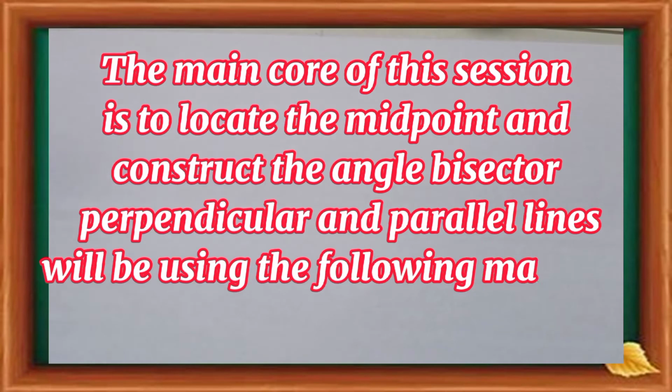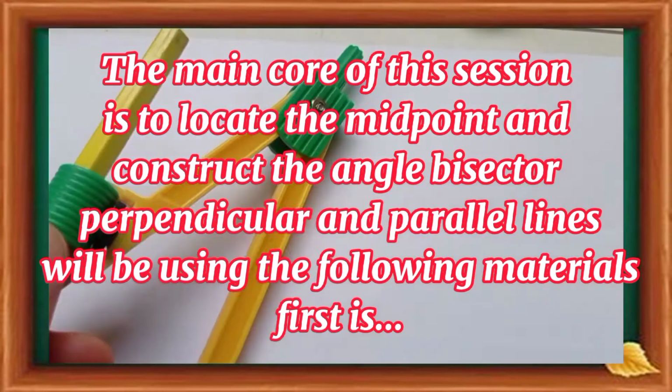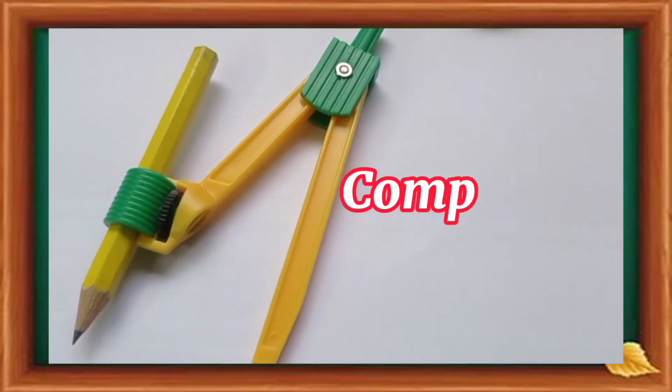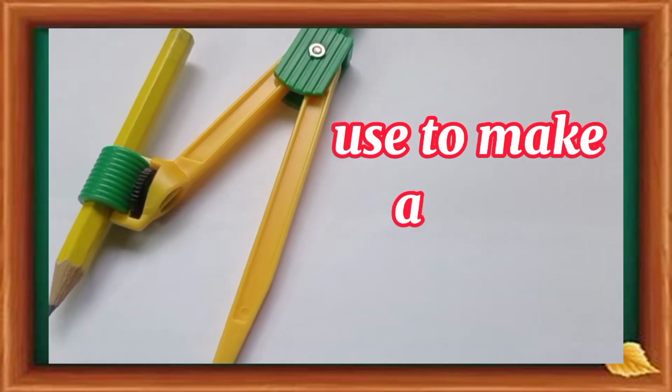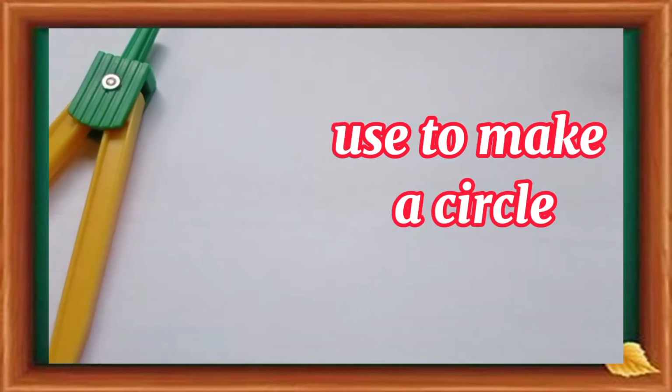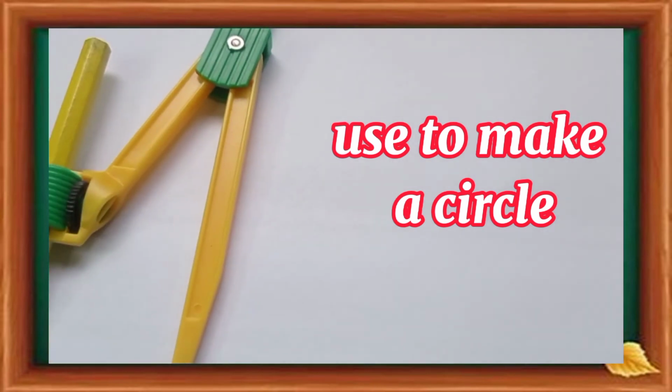Since the main core of this session is to locate the midpoint and construct the angle bisector, perpendiculars, and parallel lines, we will be using the following materials. First is the compass, used for making circles, so that we are able to construct a circle.